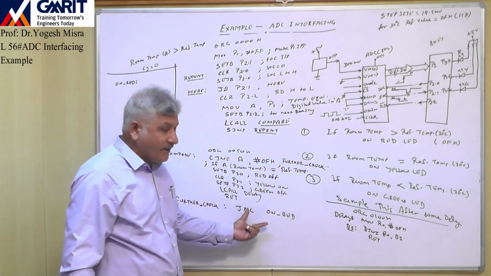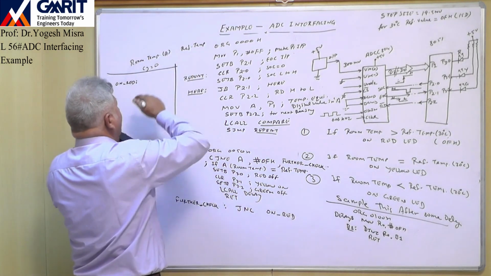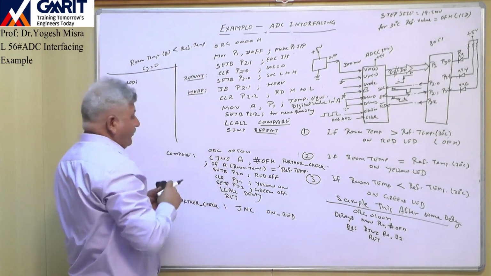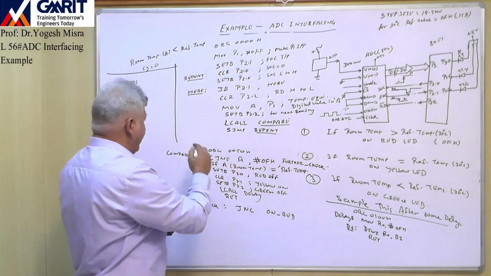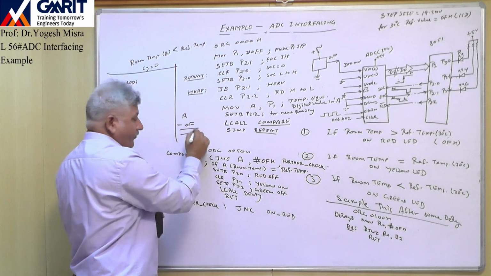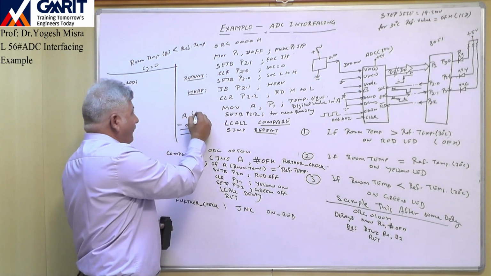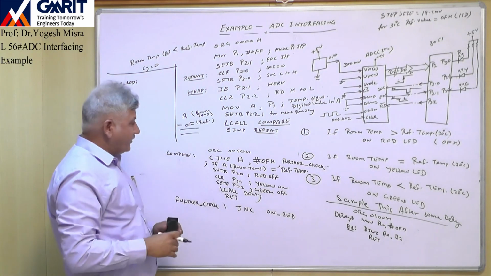And if carry is generated, this means room temperature is less than reference temperature. Because when this instruction CJNE is executed, the operation A minus 0F is performed. In A we have room temperature, and this is reference temperature.